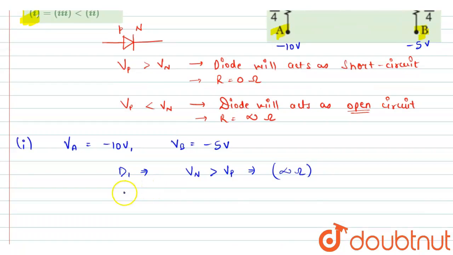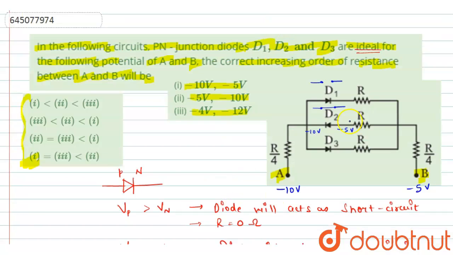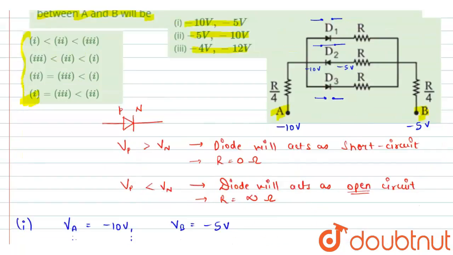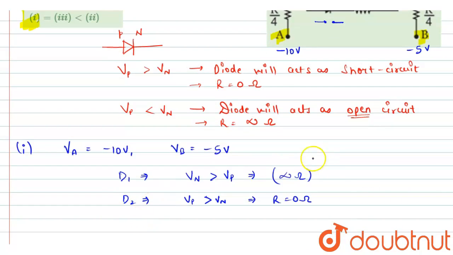So D2 will be on, and it will give a resistance of 0 ohms. Similarly, diode D3 is connected in the same fashion as D1, so it will be open circuited. So D1 and D3 will be open circuited.